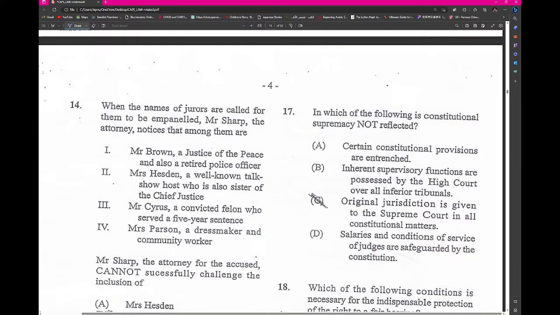Alright. So when the names of jurors are called for them to be empaneled, Mr. Sharp, the attorney, notices that among the men are Mr. Brown, a justice of the peace and a retired police officer; Mrs. Henderson, a well-known talk show host who is also the sister of the Chief Justice; Mr. Cyrus, a convicted felon who has served a 5 year sentence; and Miss Pearson, a dressmaker and a community worker.